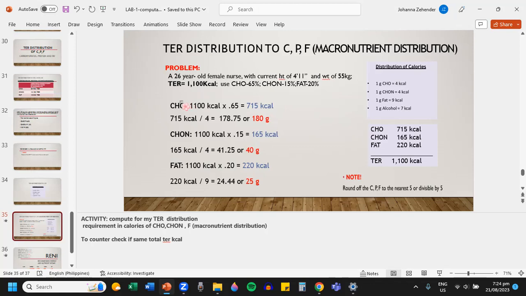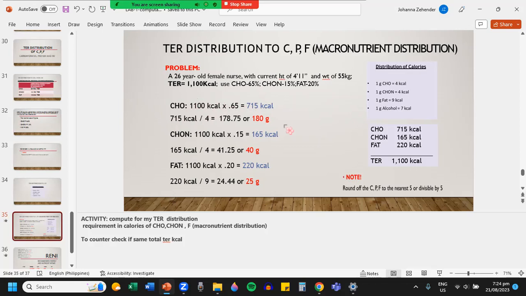For carbohydrates, you're going to start with your TER of 1,100. 1,100 kcal times 0.65, that's your 65%, is equal to 715 kilocalories. Then you're going to divide the 715 kilocalories by 4, and you will arrive at an answer of 178.75, or 180 grams when you round it off.